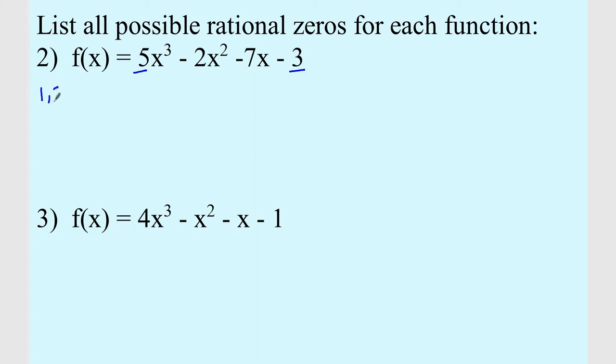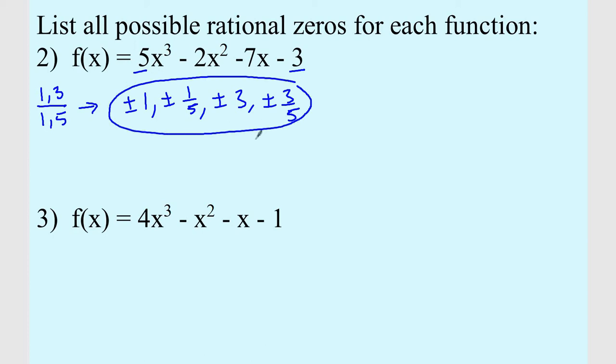You do your constant over your leading term. So 1 and 3 over 1 and 5. So all your possibles are 1, 1/5, 3, and 3/5. Of course, the negatives and positives of all. Number 3, 1 over 4.